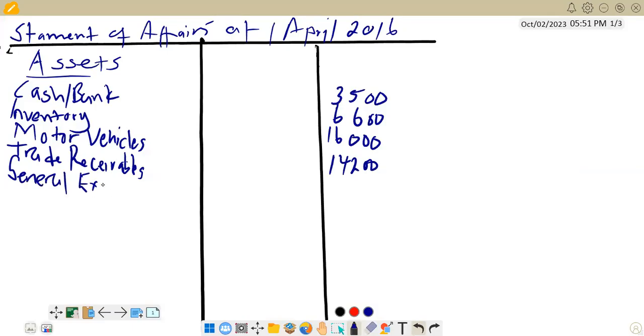This one is a prepayment, so it's just prepaid. The figure for general expenses prepaid, we've seen that it's 100, so we are also going to put 100 there. Then we check if we still have another one.